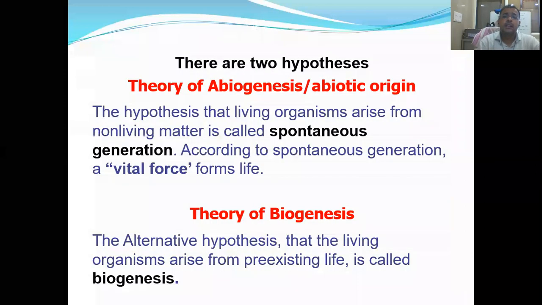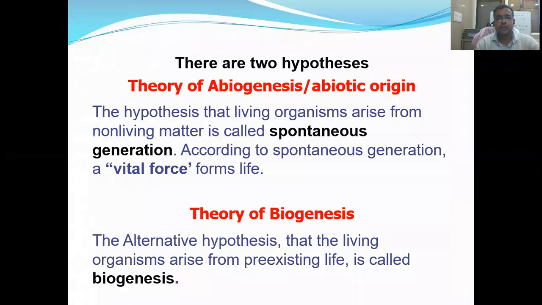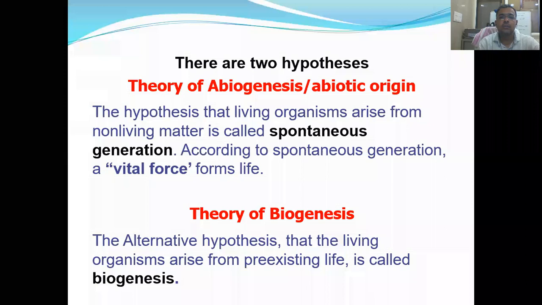Generally, broadly, we can divide them into two categories. One hypothesis is the theory of abiogenesis, also known as abiotic origin, and sometimes also known as spontaneous generation. The second is the theory of biogenesis.